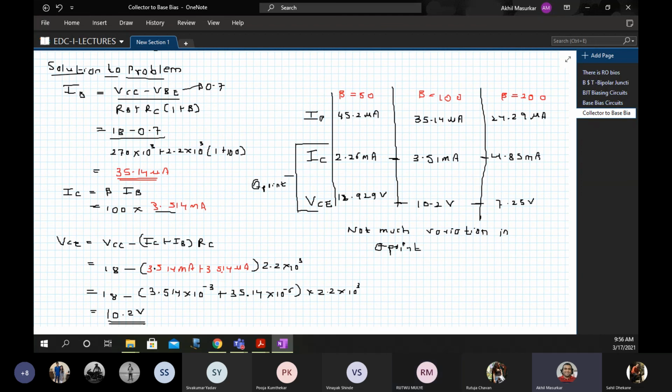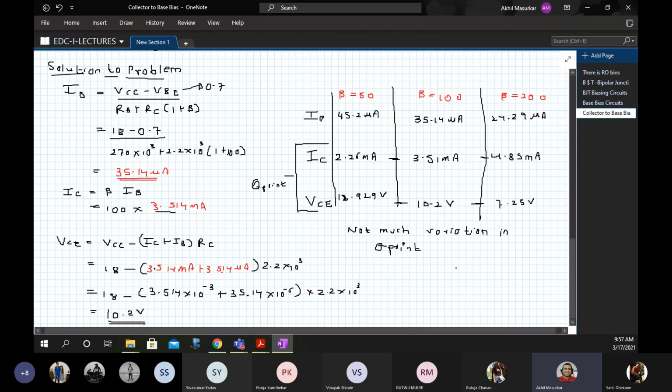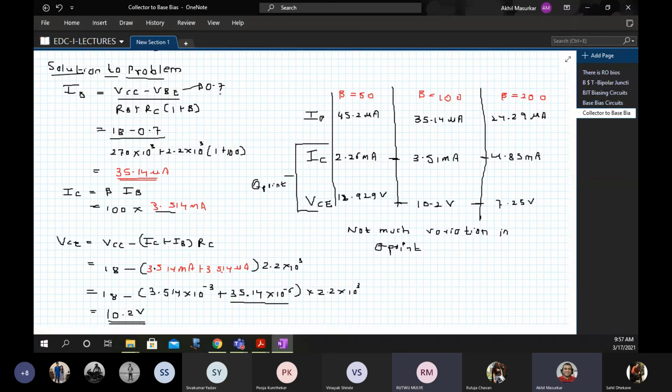This is around 5 to 10% of VCC, which is very large. Very small is if it is 1,000 times smaller, then you can say it's negligible. So you can neglect IB here. You can neglect this term, and you will still get 10.2. But if you neglect VBE, you will not. You will get a very large variation in the current. Okay.